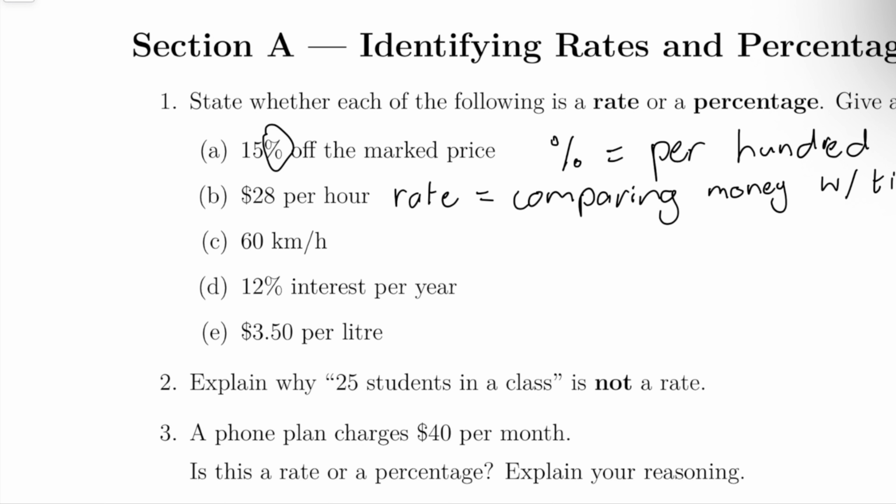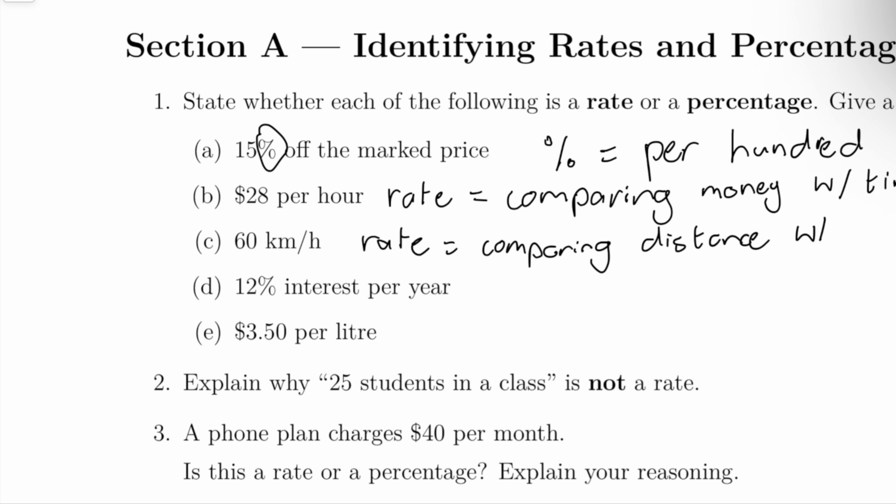C, 60 kilometers per hour. Again, that's a rate. So comparing distance with time.